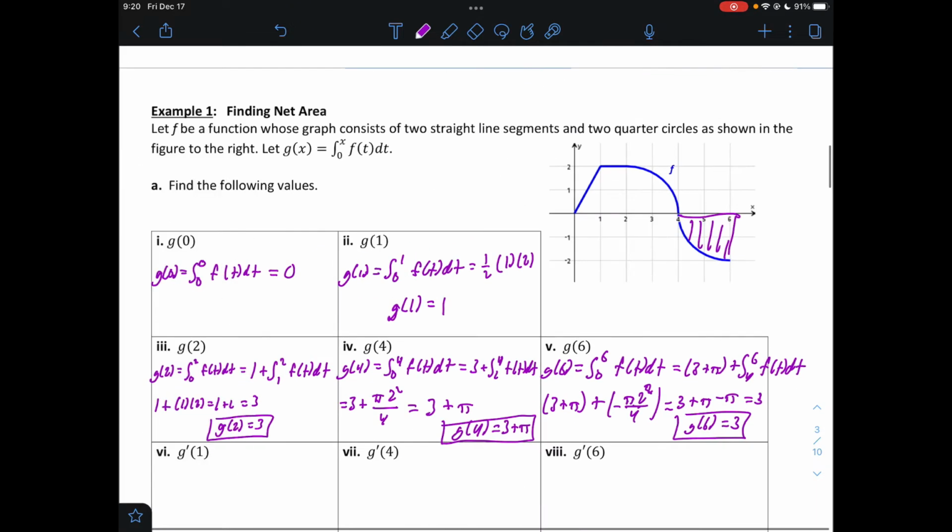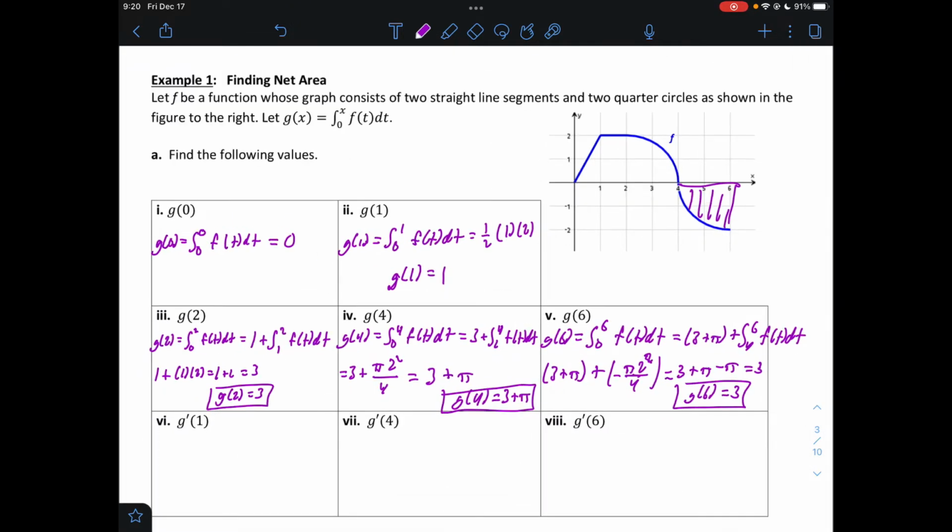Okay, question 6. G prime of 1. If we want to find the derivative using the fundamental theorem of calculus, that would just be g prime of x equals f of x. So g prime of 1 is f of 1.